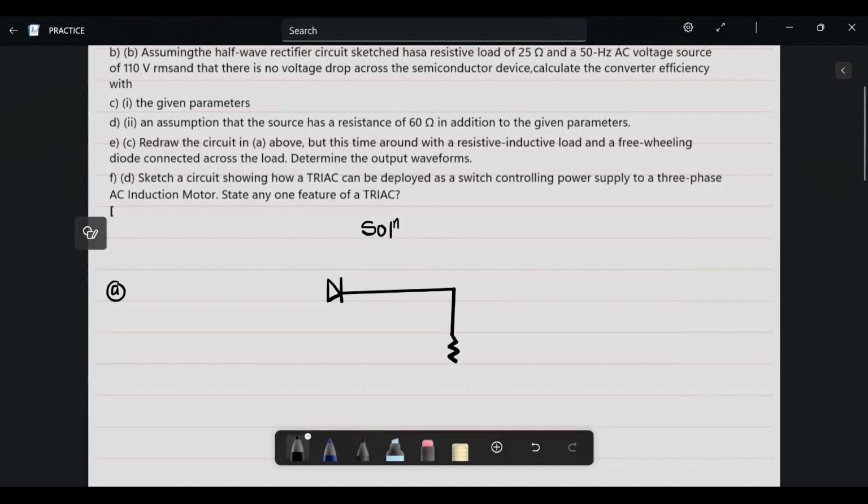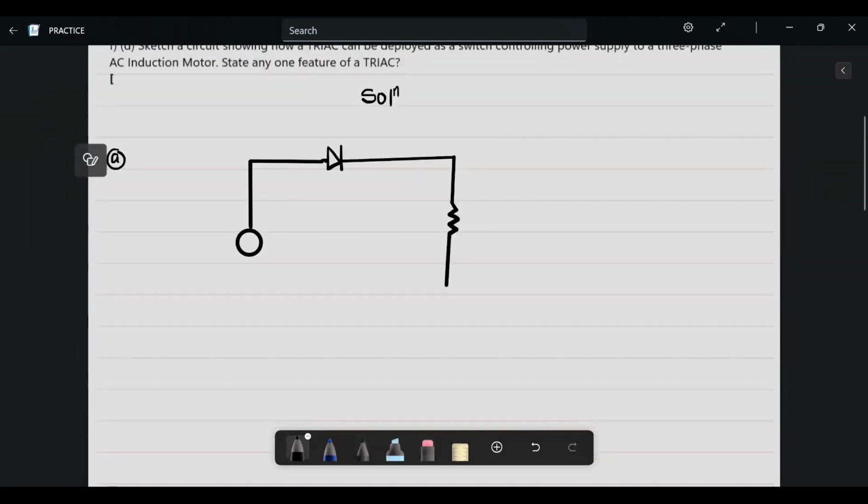So we have a resistive load here. Okay, and then we have the source here. Remember that the rectifier converts the AC voltage to DC, right? So the source is AC. Okay, so this is the AC source, right?